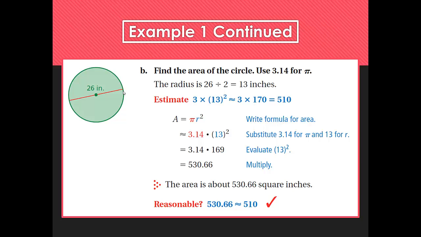So the area is about 530 and 66 hundredths square inches. This is reasonable because 530 and 66 hundredths is close to 510.